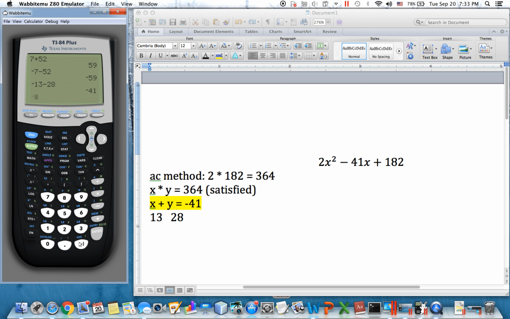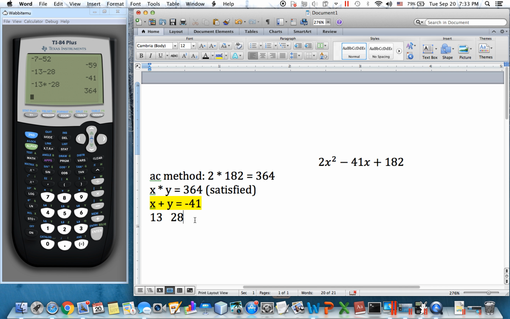Now if you want to check it, I will check for you. For the first condition, multiply -13 times -28. It has to be positive 364. See, so -13 and -28 is the good choice.